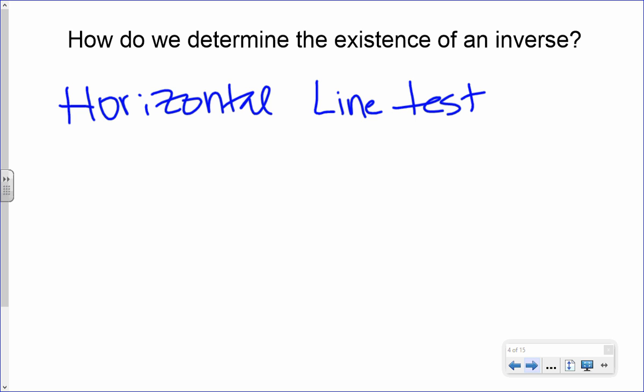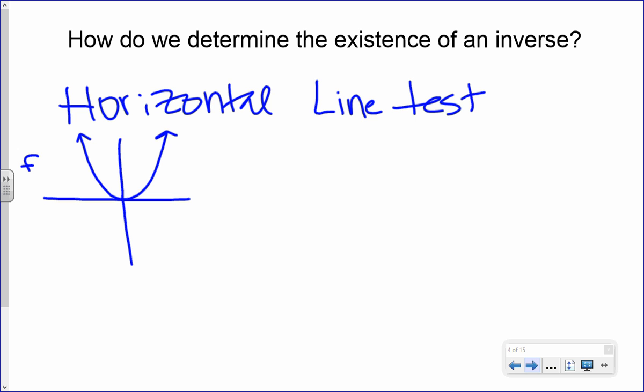If we were to take something like a parabola, that's a function, right? But if we draw a horizontal line through it, it crosses more than once.